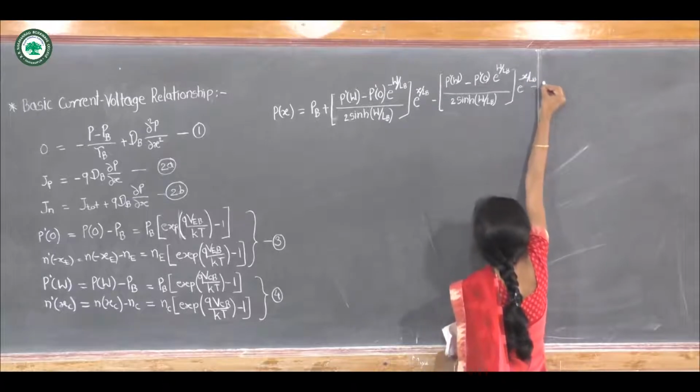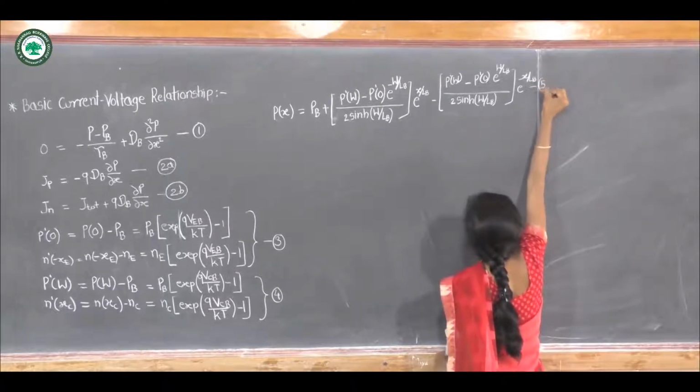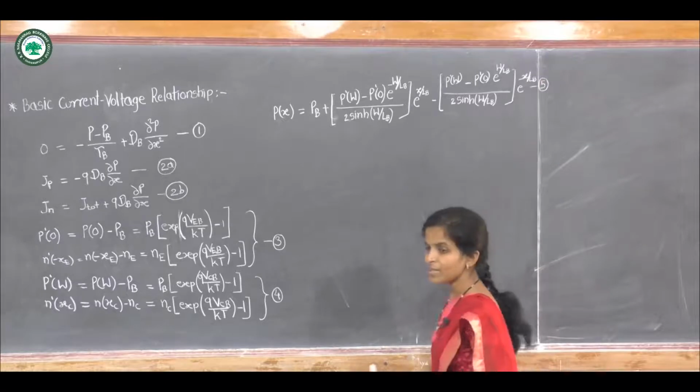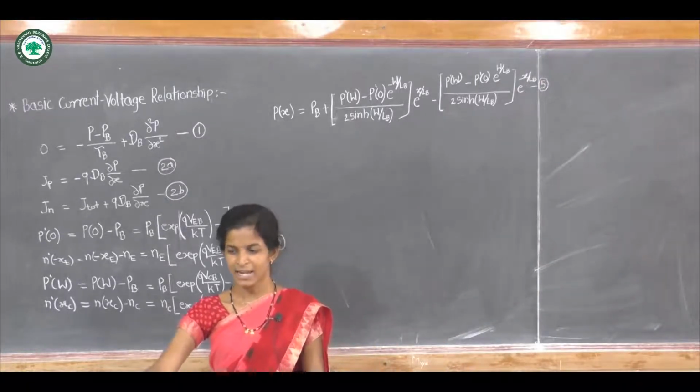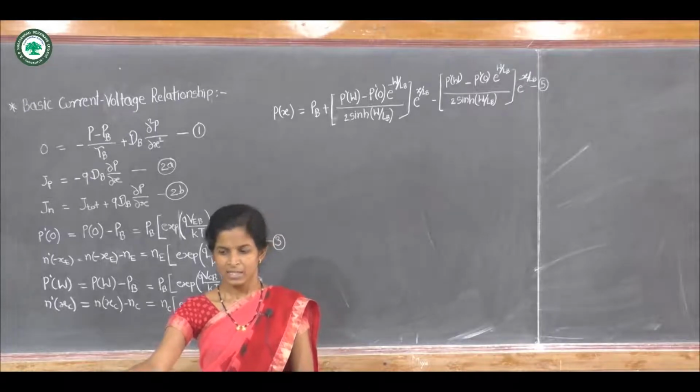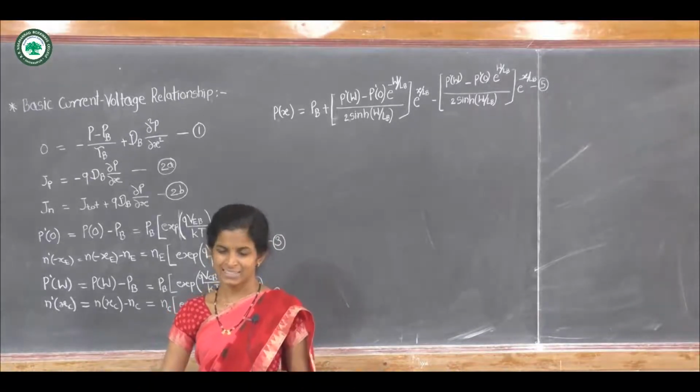So this is equation number 5, where W is the width of the depletion layer and LB is the diffusion length in the base.